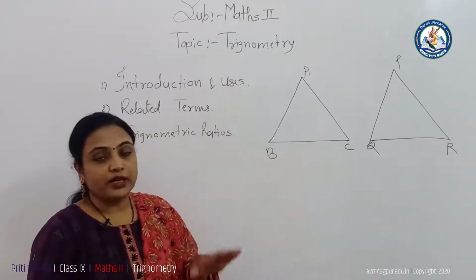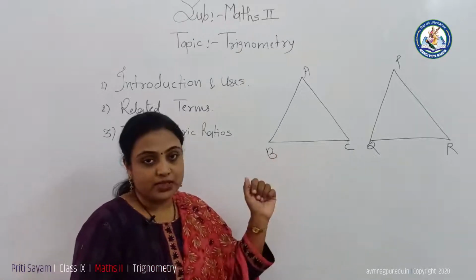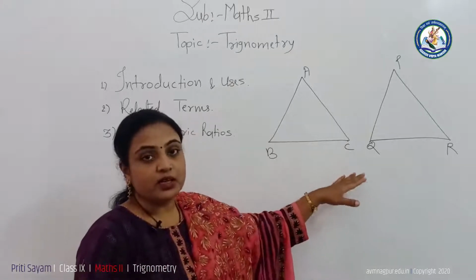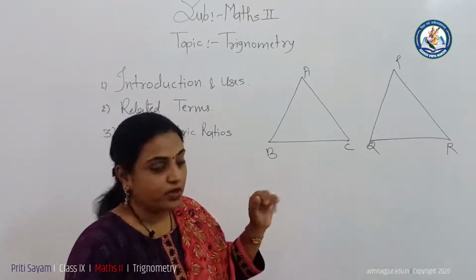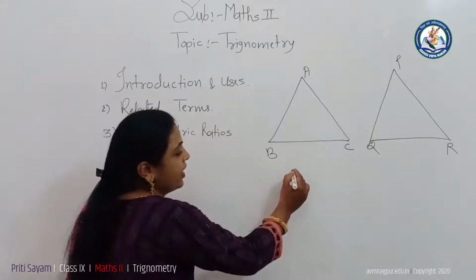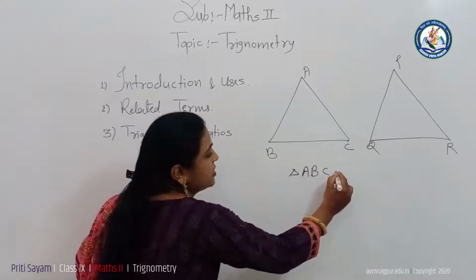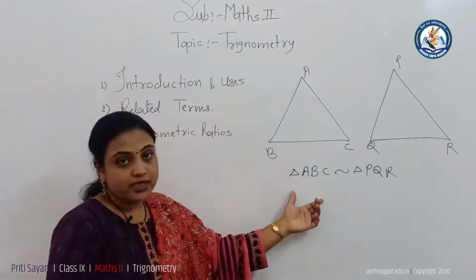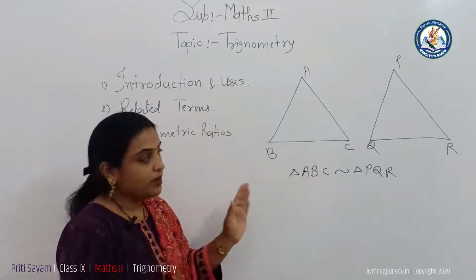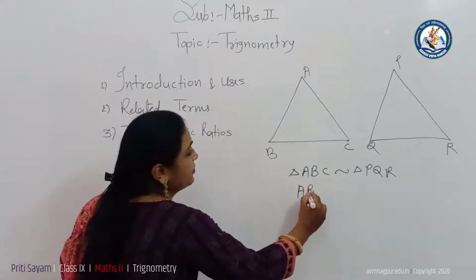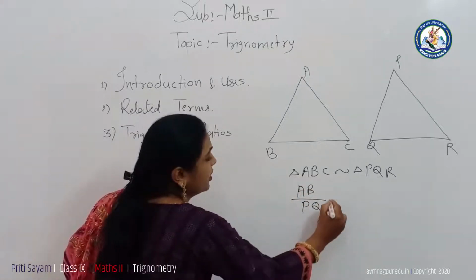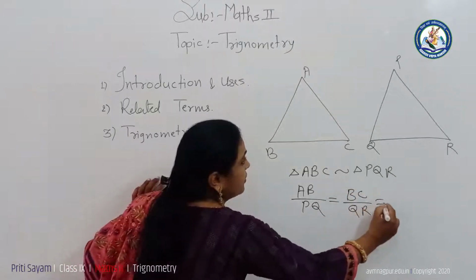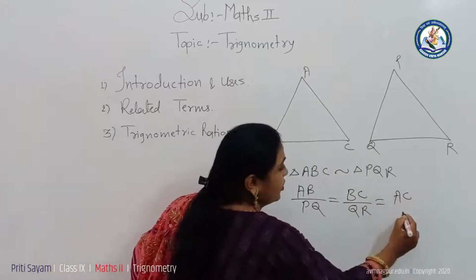In similarity of triangles, we have seen that if triangle ABC and triangle PQR are similar, then their corresponding sides are in the same proportion, that is AB upon PQ equals BC upon QR equals AC upon PR.